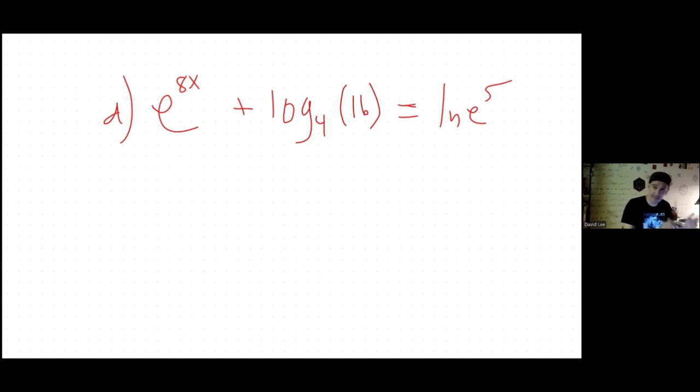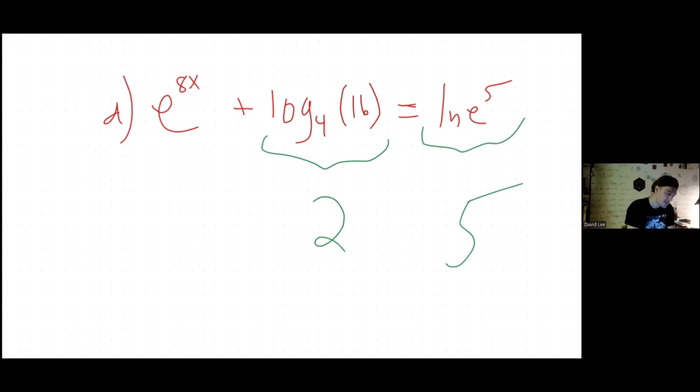All right, so recall your fundamentals from the other day. Log base 4 of 16. Recall how this works. You want 4 to become 16. So what power do you have to raise 4 to become 16? Well, that's just 2. You can use a calculator if you want. Type that into a calculator and you'll see that the natural log of e to the 5 is just going to be 5. You can use your calculators on this.